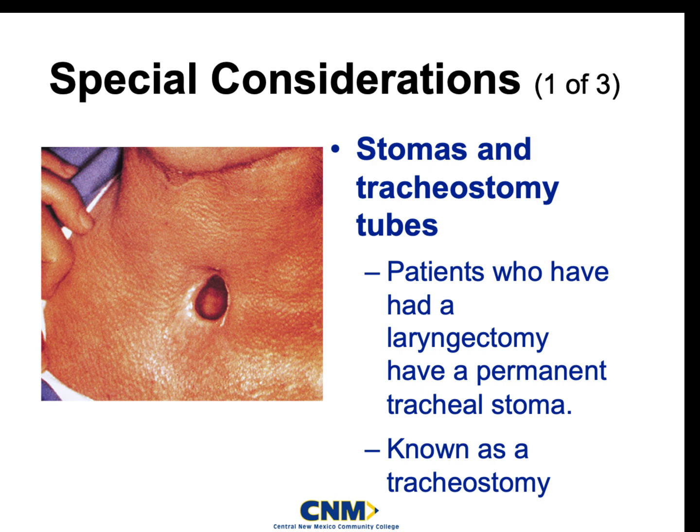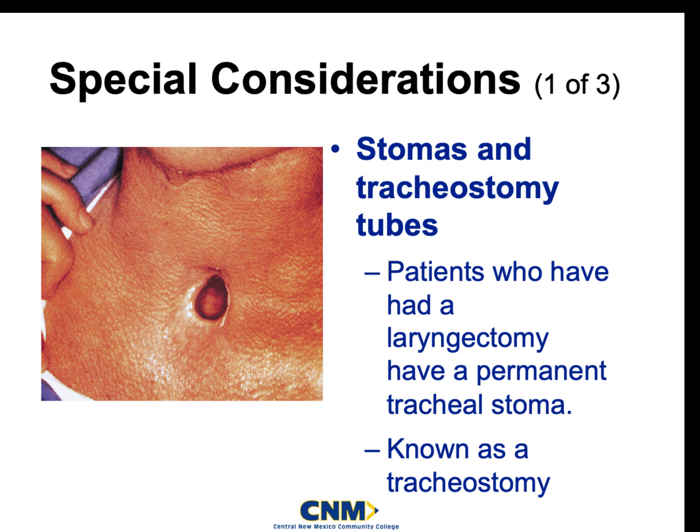Okay, some patients with some special considerations. We do have people that are on tracheotomy tubes. The picture there is actually of a stoma. This is somebody that has had the tracheotomy tube pulled out of them. Again, remember that tracheotomy tubes can be permanent or they could be temporary, depending on the patient's condition or what happened to the patient.